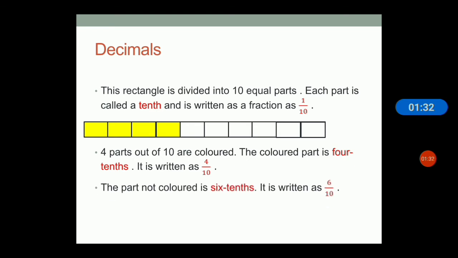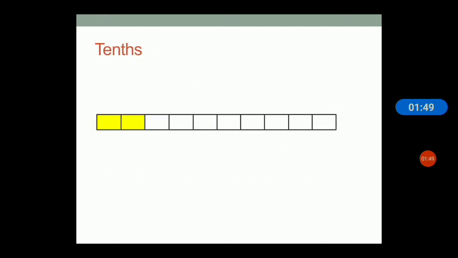Similarly, the parts not colored are 6 tenths, written as 6 by 10. These 1 by 10, 4 by 10, 6 by 10 are decimal fractions, and we can convert these into decimal numbers. Now we will discuss mostly tenths, which you already know.